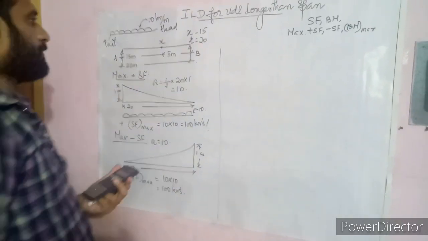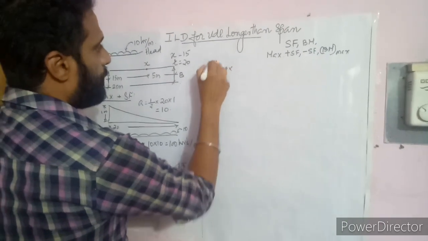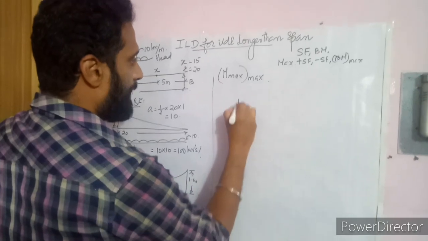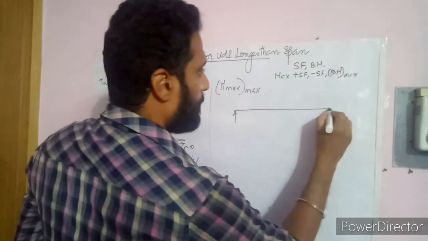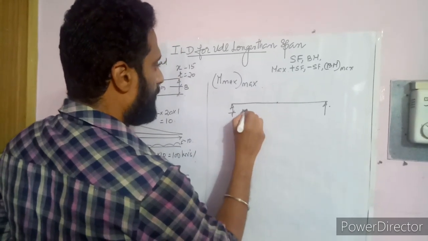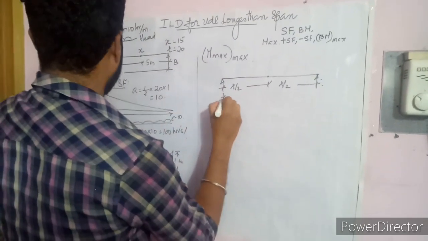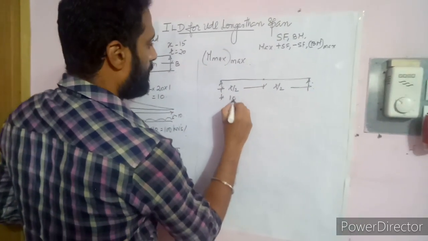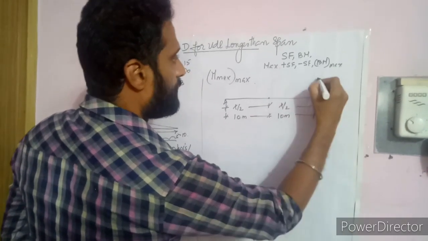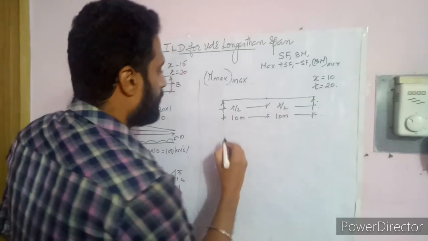Let me now find the absolute maximum bending moment. We know that for a simply supported span, the maximum absolute bending moment will be at its center, L by 2. So the left side length will be 10 and the right side length will be 10. For this condition, X will be 10 and L will be 20.